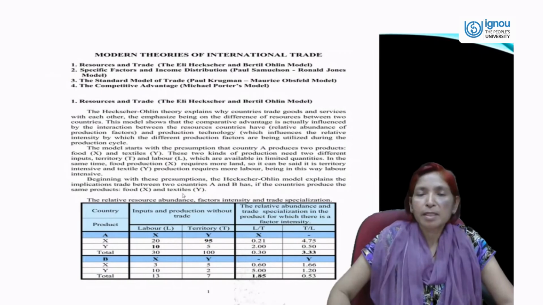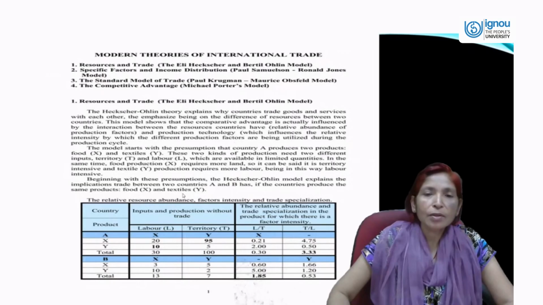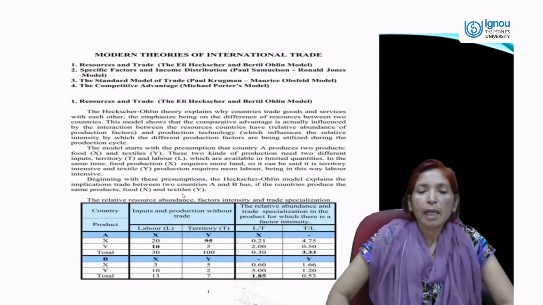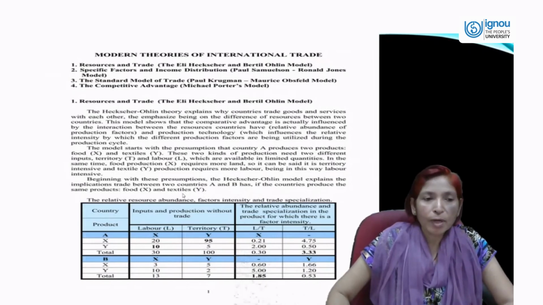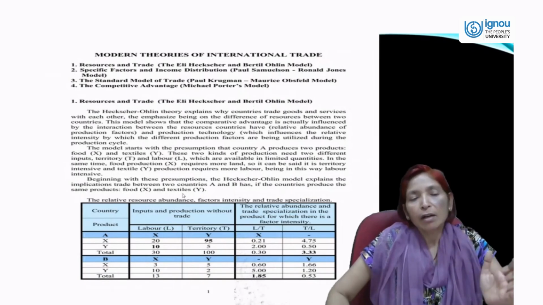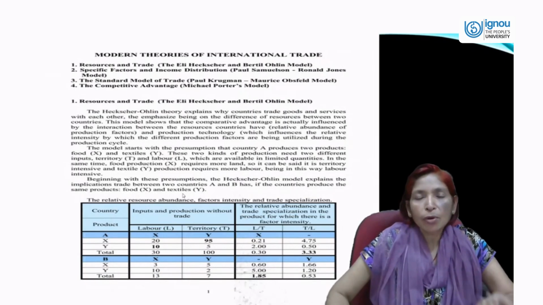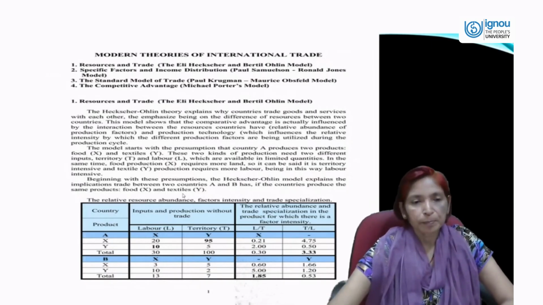So, beginning with these presumptions, the Heckscher-Ohlin model explained the implications of trade between two countries, A and B. If the countries produce the same products, food and textile, what type of differences will there be in their cost, and how can they produce more goods by reducing factor costs and gaining more benefit from international trade?